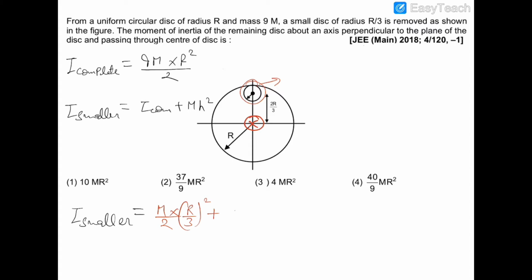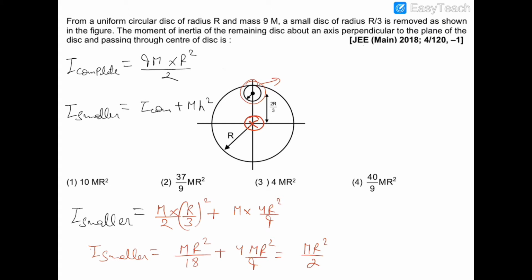So this is m into 4r square by 9 also. So I smaller would be equal to m r square by 18 plus 4 m r square by 9. So this is equal to m r square by 2.